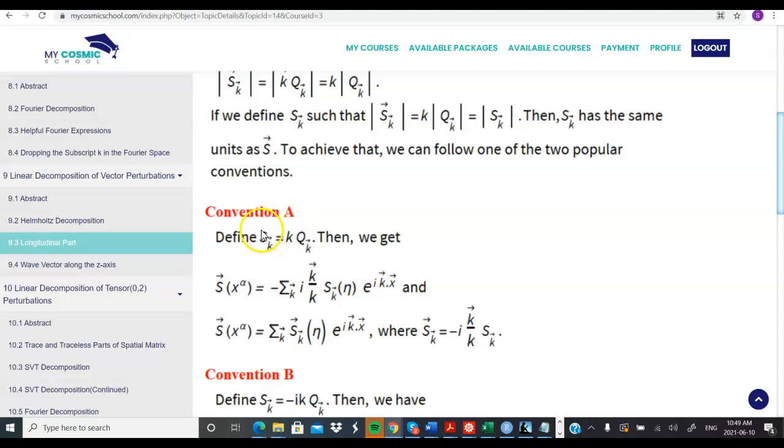Both expansions we can write in terms of sk. Scalar we can write in terms of sk, vector also we can write in terms of sk, and this sk has the same magnitude, same units as the vector s. As you can see from here, when you are writing the vector in terms of this, sk has the same unit as s, but then sk is related to q via this expression.